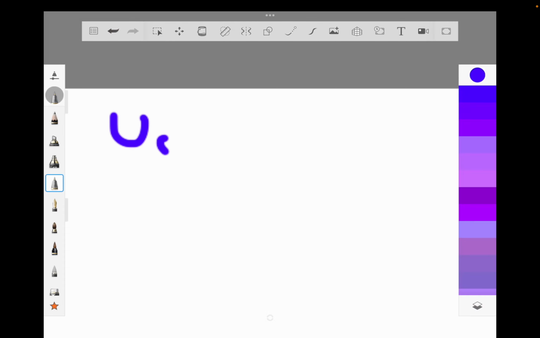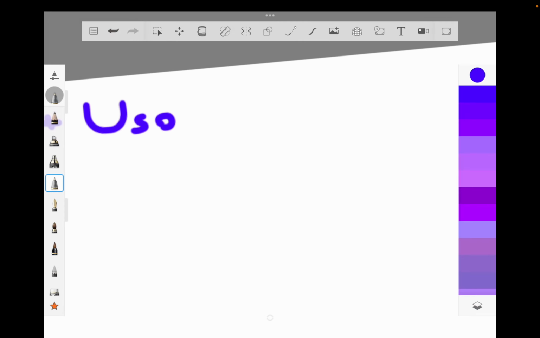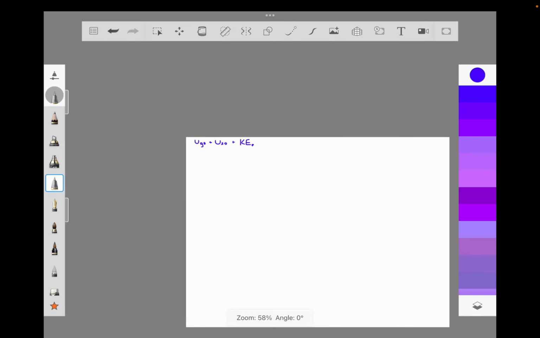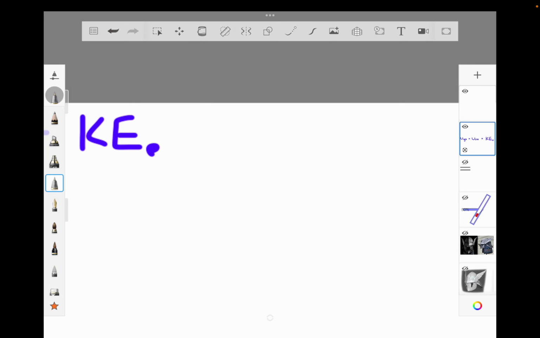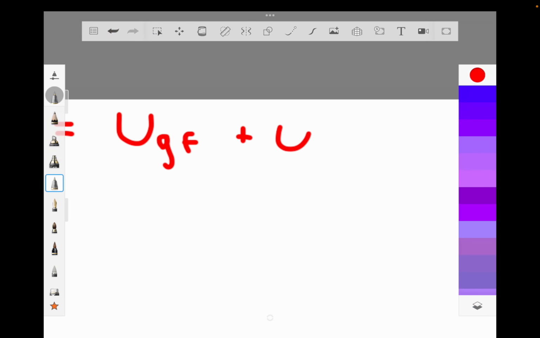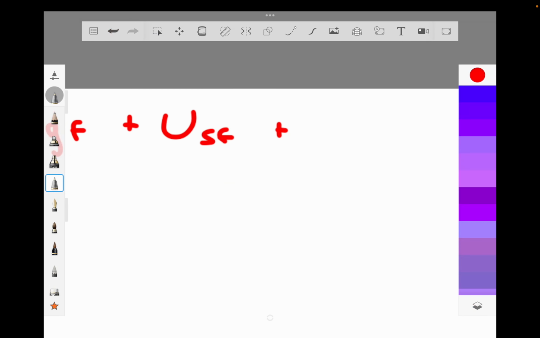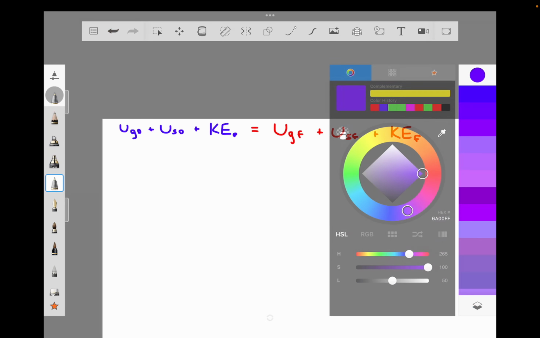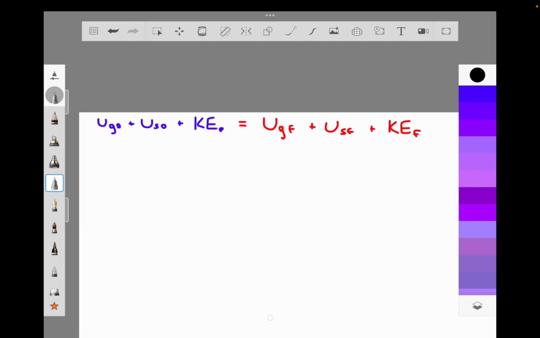It's going to be Ugo plus Uso plus Kyo equals Ugif, Usif, and Kef. Right? That's pretty much all you need for a quiz kind of thing.